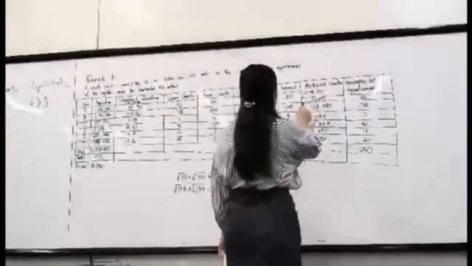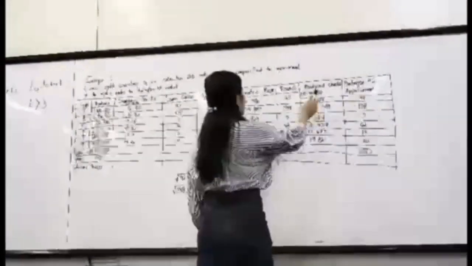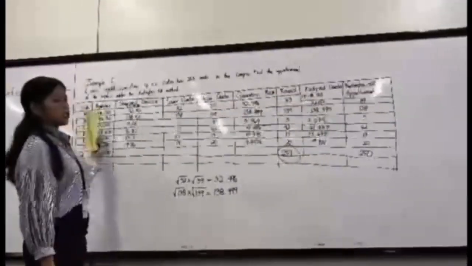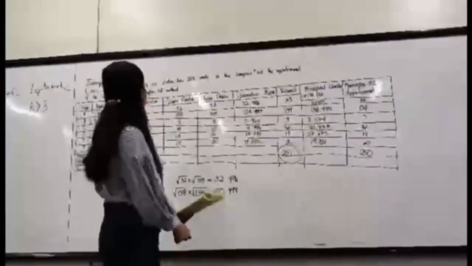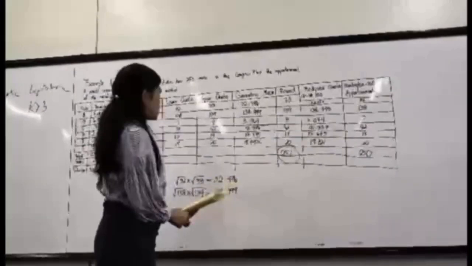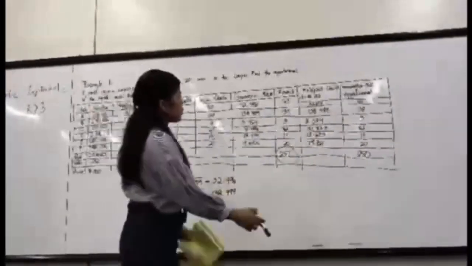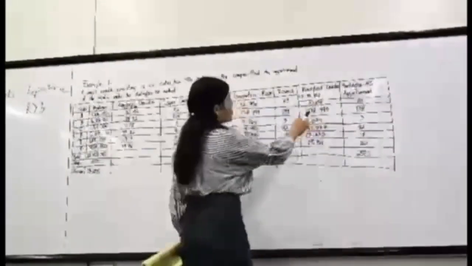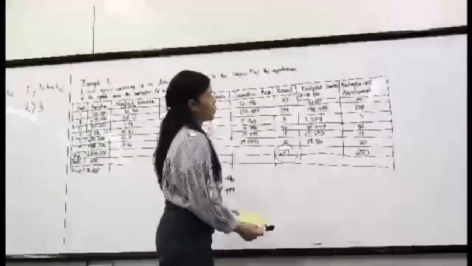Then we should divide the population by 50.100. State A, 1,646,000 divided by the divisor is the total 32.854.